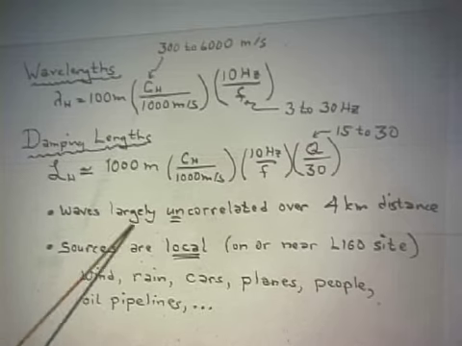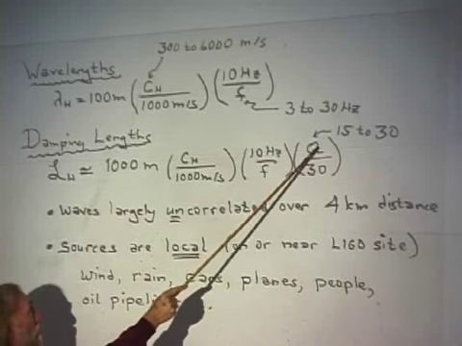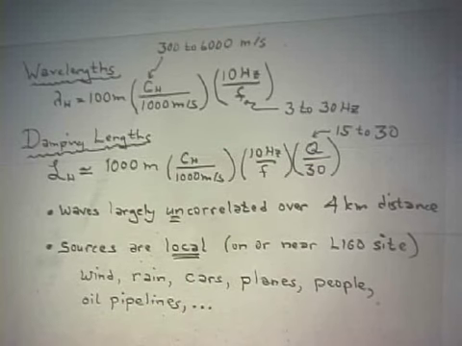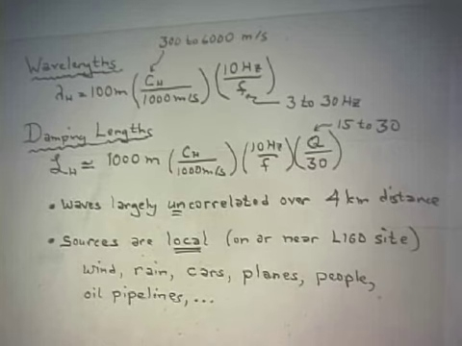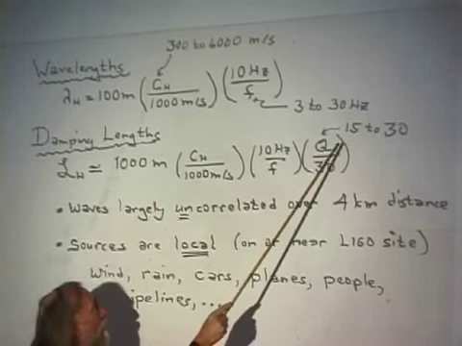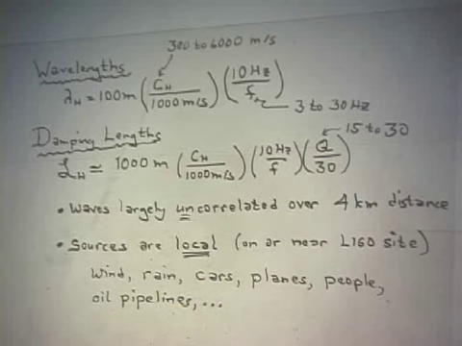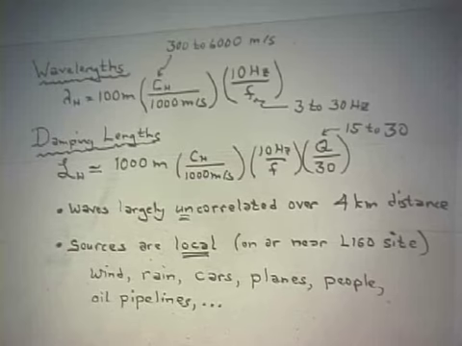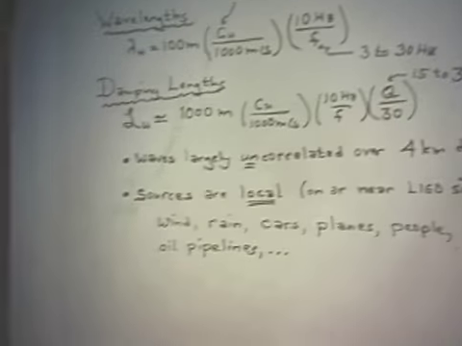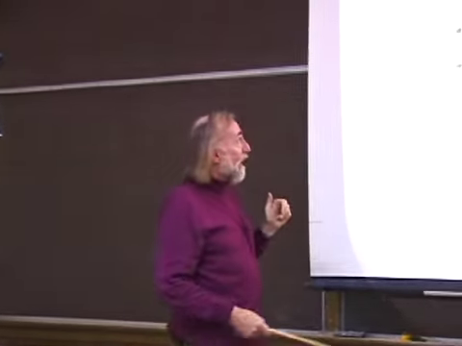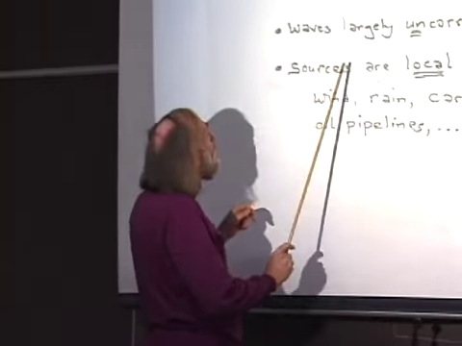The damping lengths, well, the thing you need to know is that the Qs, the quality factors for propagation through basically any kind of geophysical material, whether it's bedrock or sand, range roughly from 15 to 30. They may get down to 8, and they may get up to 60, but 15 to 30 is a characteristic number. So normal geophysical material absorbs these waves rather easily.